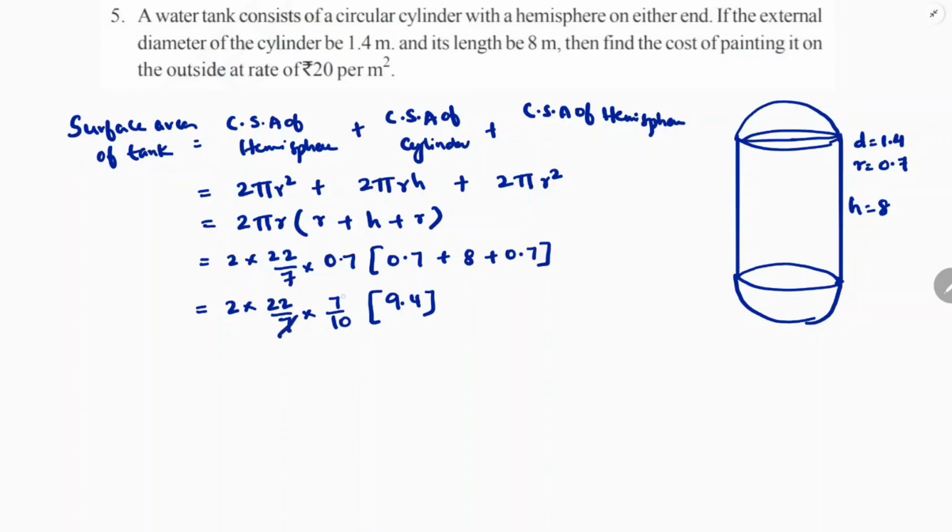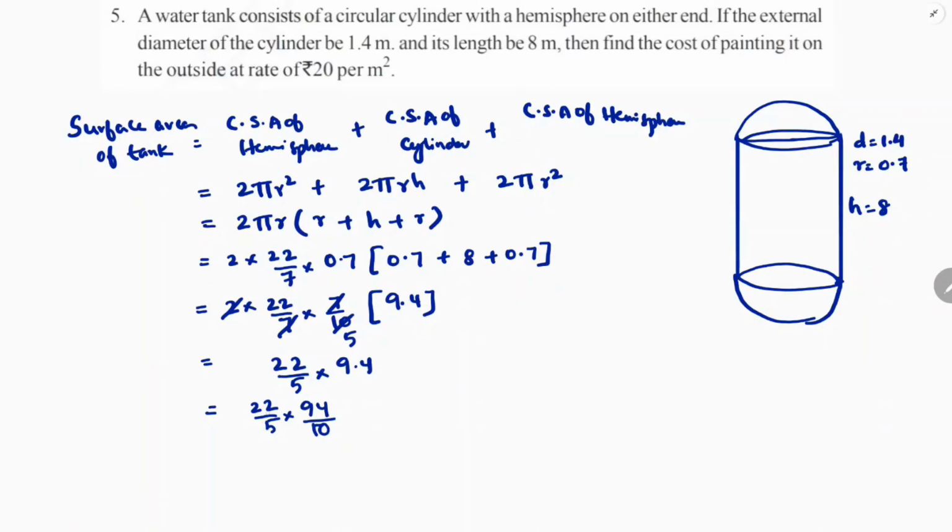So now here 7 and 7 cancel. 2 times 1, 2 times 5. So 22 by 5 into 9.4. Or you can write 22 by 5 into 94 by 10.